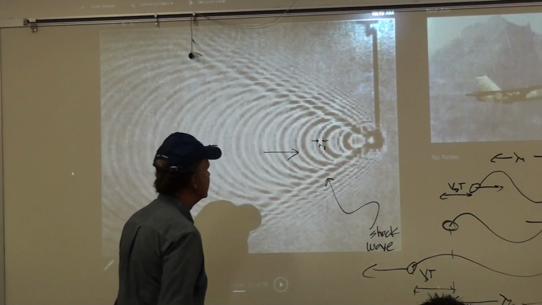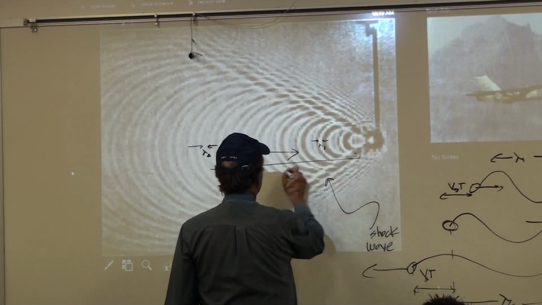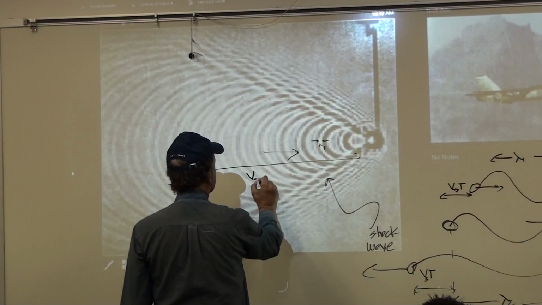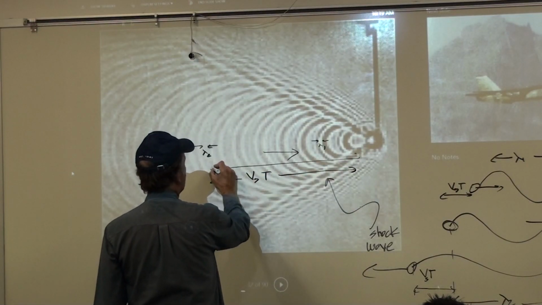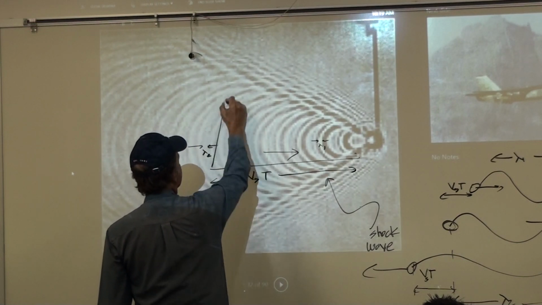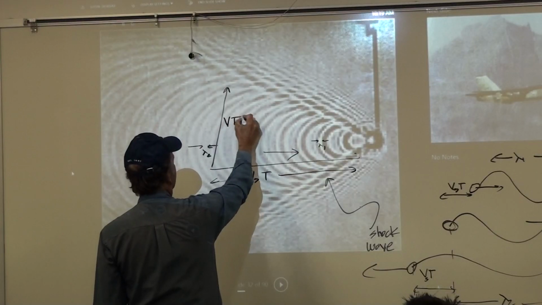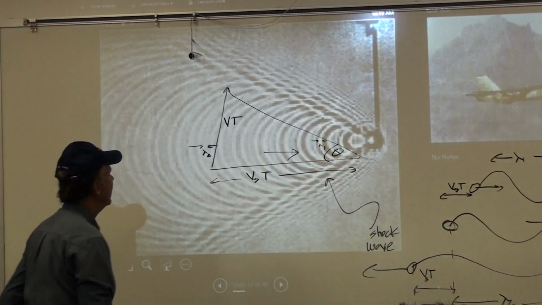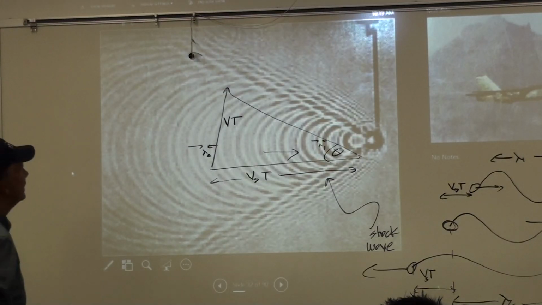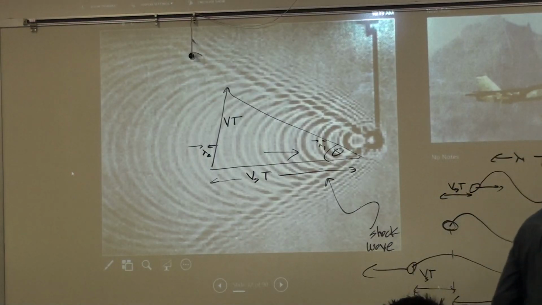Okay, and so this distance that you travel here would be the velocity of the source times the time. And this distance that the wave would travel out in this direction would be the velocity of sound times the time. So you can work those two out, and you can get that the sine of theta is the velocity of sound divided by the velocity of the source.